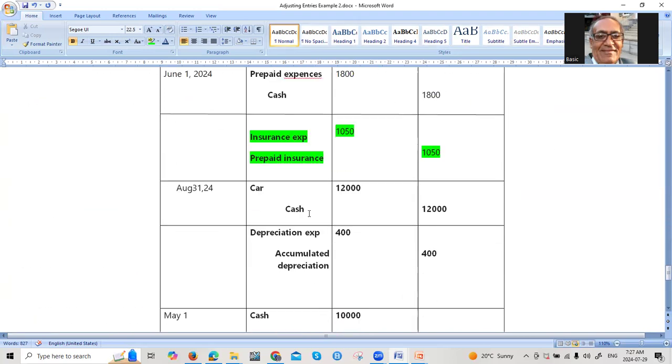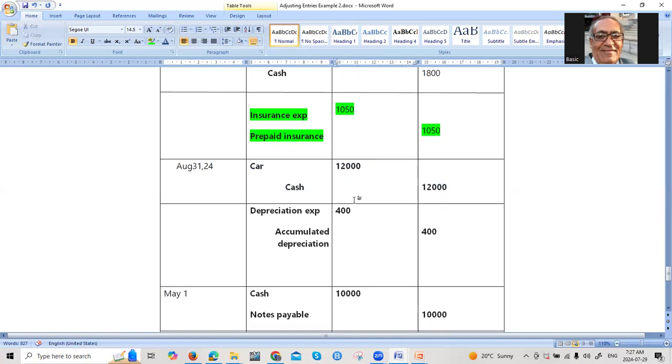Then we do the transactions of the depreciation from the car into cash, because we paid 12,000. This is buying a car in cash. Then here the second is the journal entry for the adjustments. This is the adjustment journal entry from depreciation expenses into accumulated depreciation.